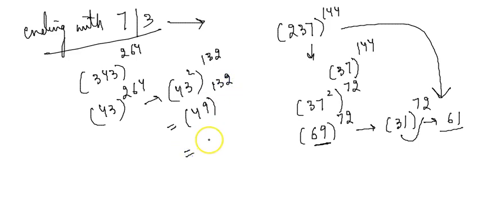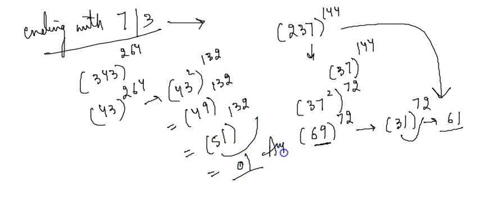Okay, now this 49 will be 51, 100 minus 49, and the power is 132. It would be 1, and 5 into 2 is 10, so 01. So 01 is the required answer to this question. Okay, I hope all these points are clear.